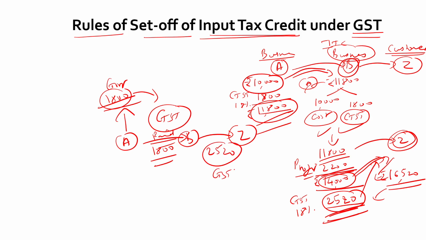So now Mr. B has to pay the government 2,520.